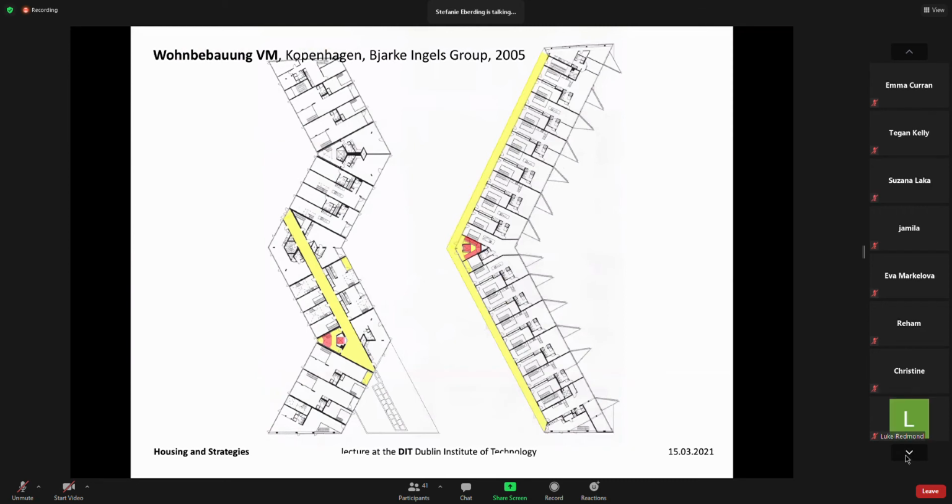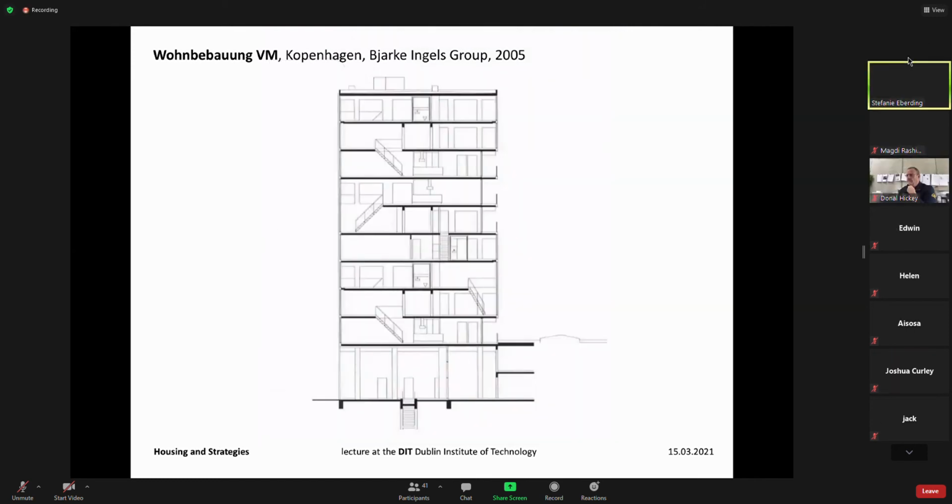And also the interesting thing is that they have two types of circulation combined in the building. They have an outside corridor and they have an inside corridor. So you can also use this strategy to mix the different types of circulation. They also have multi-level apartments.